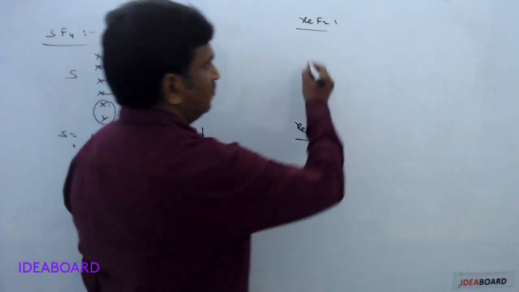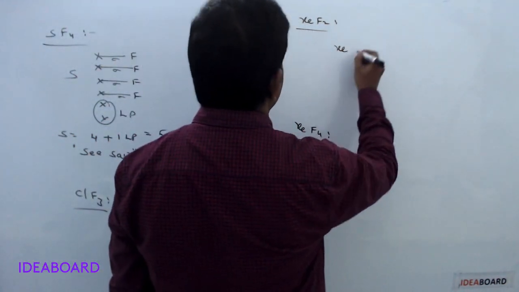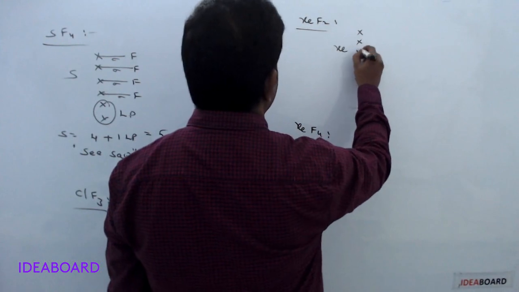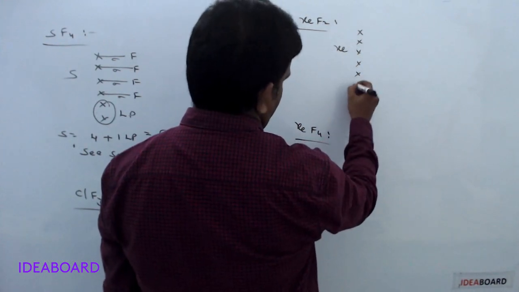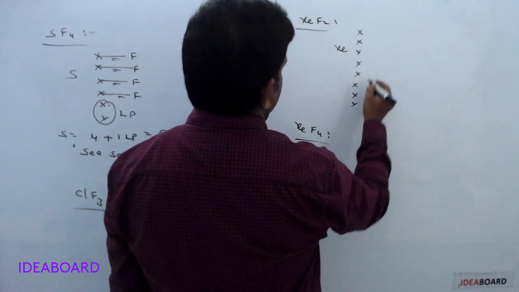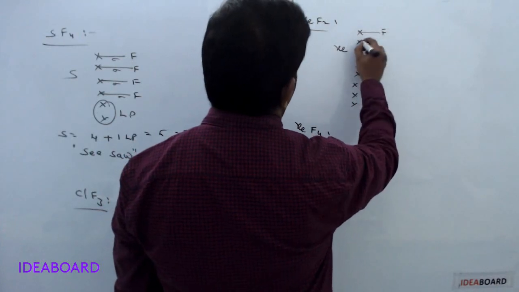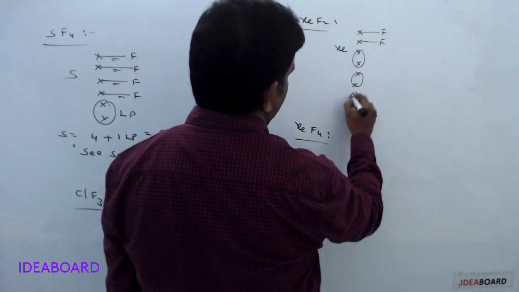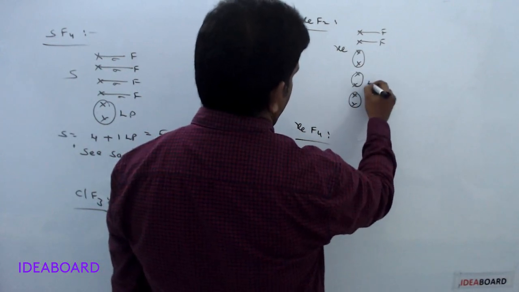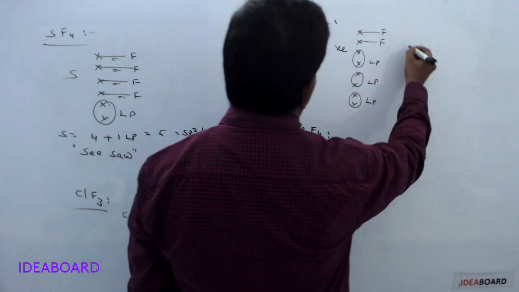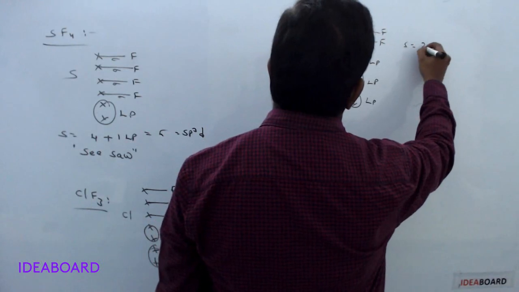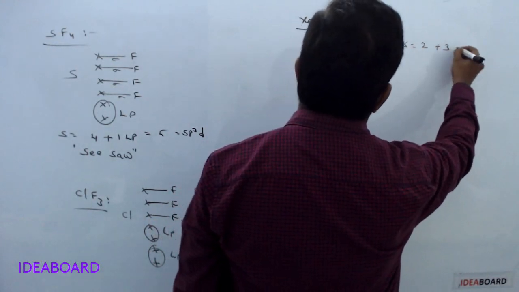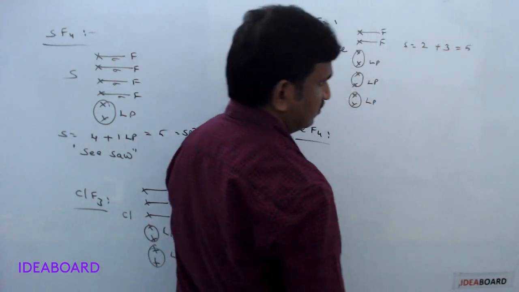And next XeF2. Xenon is an 8th group element, its valence shell contains 8 electrons. And only 2 fluorine atoms are present. So 2 fluorine atoms, this is 1 lone pair, 2 lone pair, 3 lone pair. So 3 lone pairs are present. Steric number is equal to 2 bond pairs plus 3 lone pairs. Total is 5.